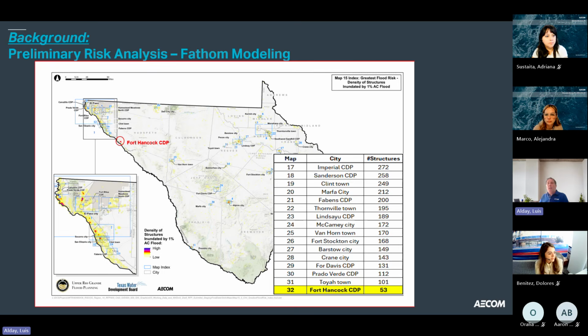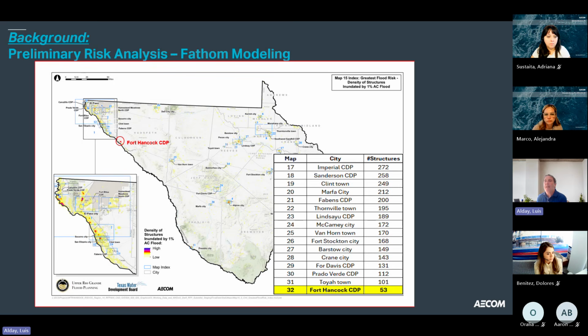So at this time, Oralia, we are in cycle number 2 of the Regional Flood Plan Region 14. The first cycle was finished in 2023, and they developed, based on some preliminary and rough modeling, the amount of structures that were potentially being flooded if a 100-year event occurs. As you can see here, Fort Hancock ranked number 32 in the region, because if a 100-year event happens, 53 structures were supposed to be underwater.